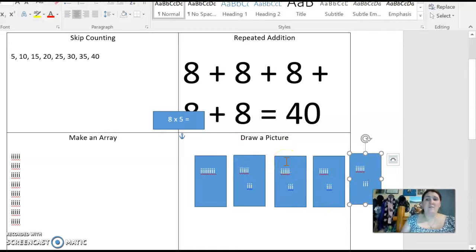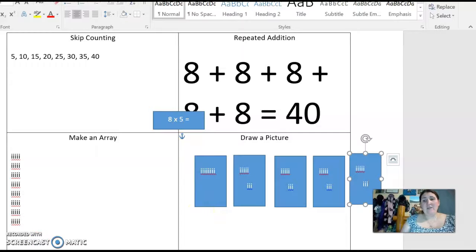Oh, those don't look like cookies. What shall we make them? Tacos? Burritos. They're round. Okay, so I have 8 burritos on each of my 5 plates because they're long and skinny. I don't know what those things at the top are, but be creative. I'm not a very good artist, and if we count them all, we get 40. So 5 times 8 is 40.